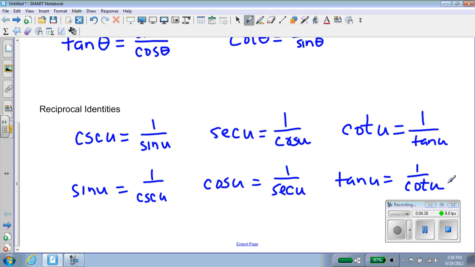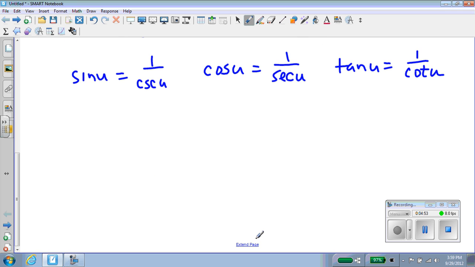So now we have two groups of identities. We have the quotient identities, which refer to things that you could replace tangent or cotangent with. And then we have our 6 reciprocal identities. Okay, so let's see how our two original rules might come into play.